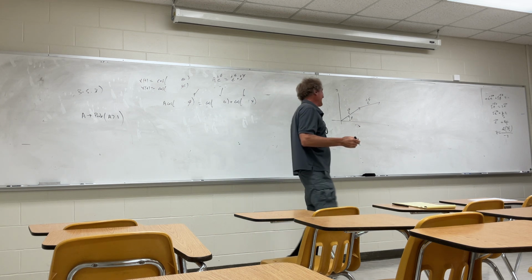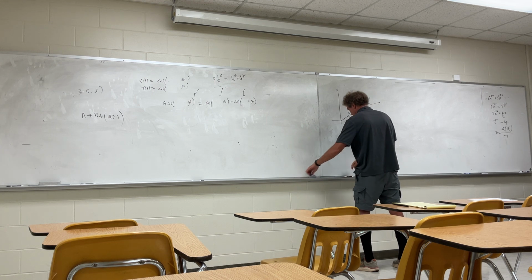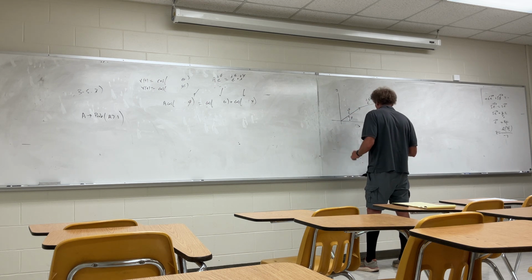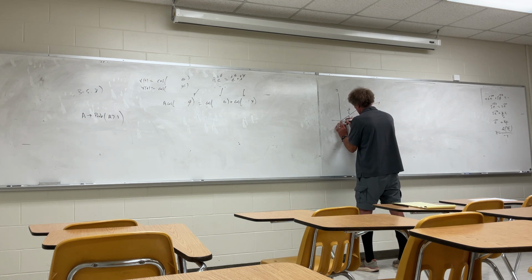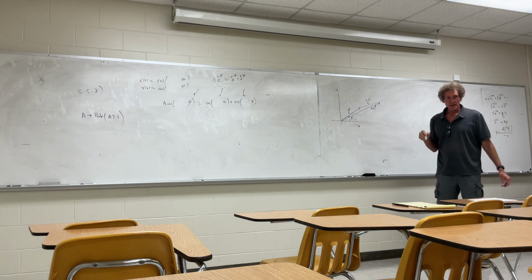And that's equal to A, just look at this. This is the way to think about this. Let's see if this actually works. And if you look at this, this is A e to the j phi. Can everybody see that?